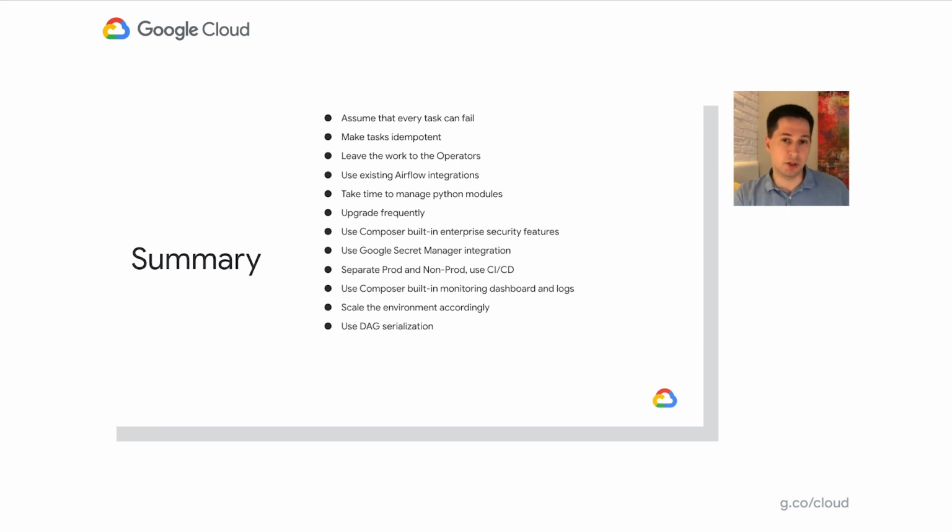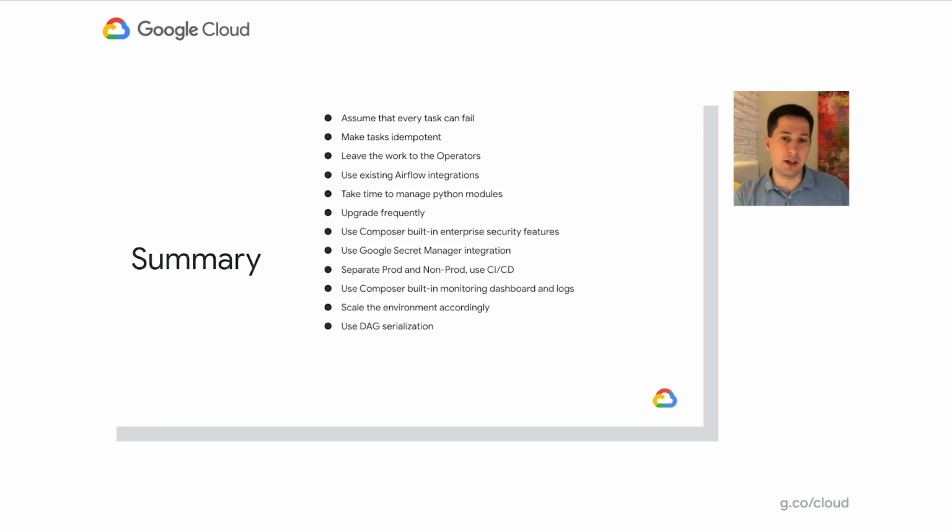Use separate prod and non-prod environments, use CI/CD, and ensure you're running the same versions in all the environments with the same packages. Use Composer's built-in monitoring dashboard and logs, and if possible, also establish and set up your own alerts so that you get notified on any potential outages and issues that you may encounter.